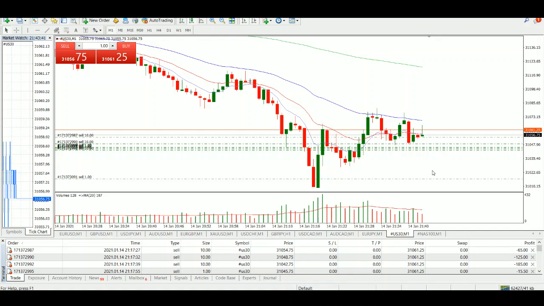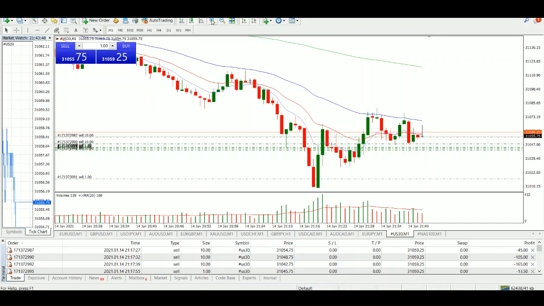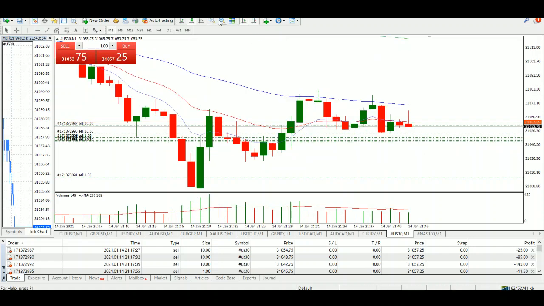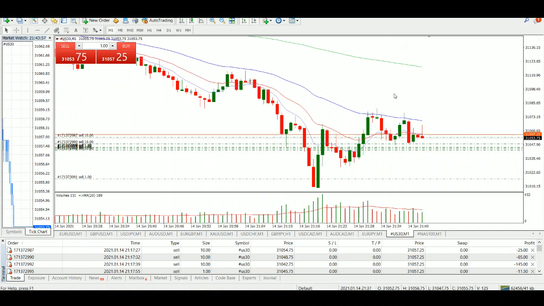Volume crossed EMA 20 and the bounce off is very close. Here we are, price is hovering around EMAs and from there will start bouncing off. Let's wait for it.